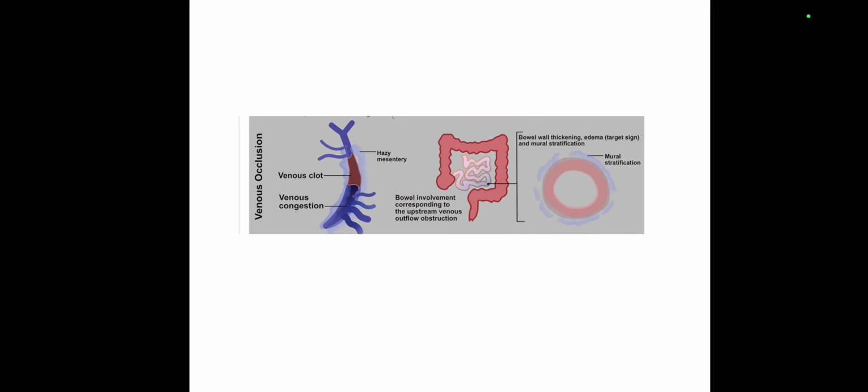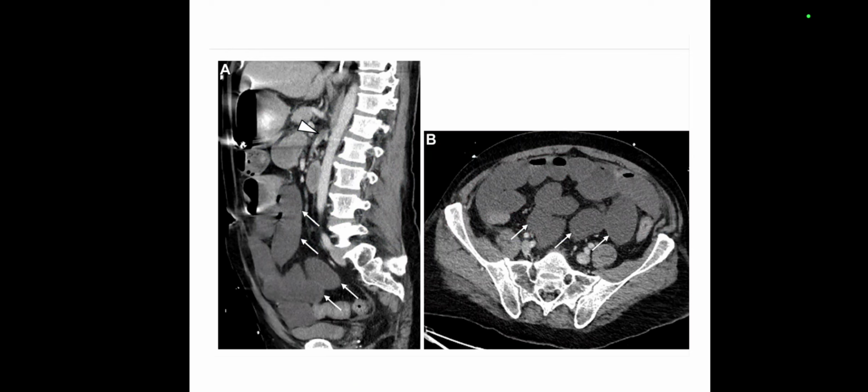The bowel is getting involved, and what happens to bowel is halo sign or target sign. This is showing hypoattenuating and also paper thin bowel walls, which we are getting in arterial cause.